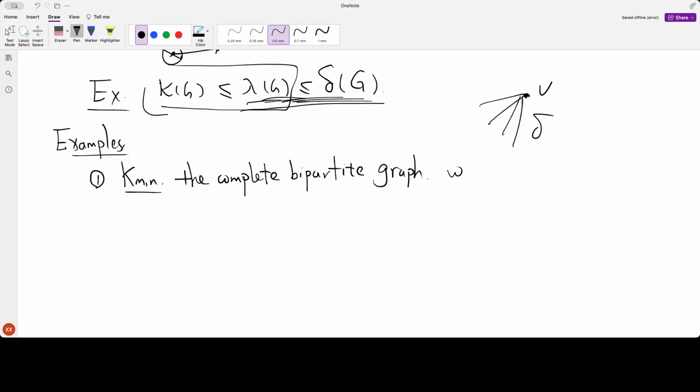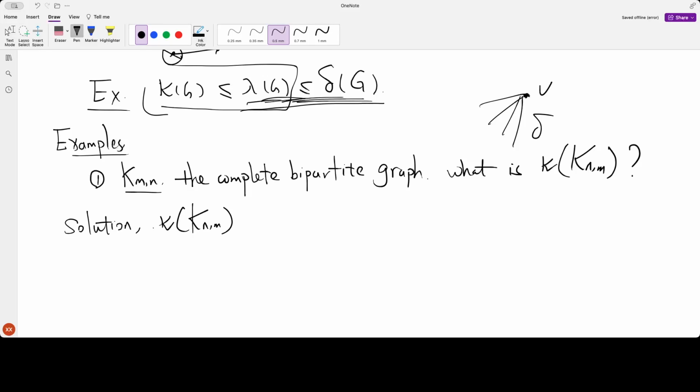So the question is, what is kappa of K_{n,m}? So the claim is the solution of this question: the vertex connectivity of a complete bipartite graph with parts of size n and m equals the minimum of n and m.